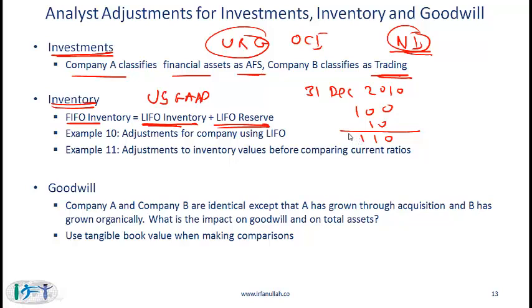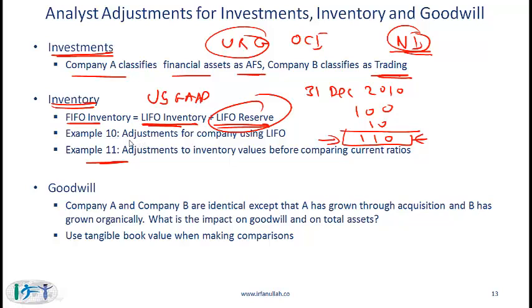What the footnote might sometimes say is that if inventory had been reported using FIFO instead of LIFO, then the number would be 10 more. The point being that the term LIFO reserve is sometimes used explicitly, sometimes it's only in the English that the footnotes explain what's going on.